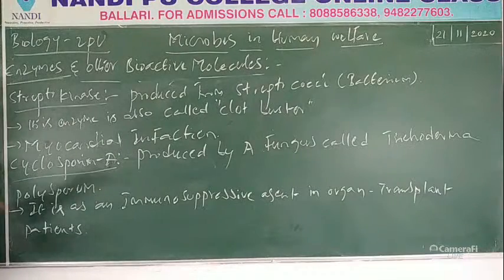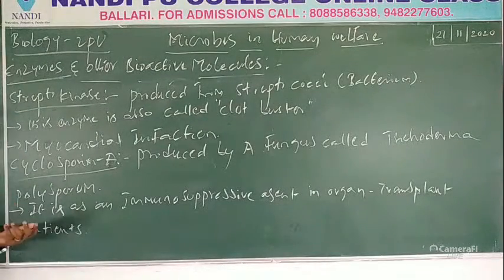See, for example, you may have heard about kidney failures and liver failures in patients. In such cases, children, they need a new kidney. What happens when the kidney is transplanted? Their body is not adjusted to the new kidney. Obviously, it will cause some immunological responses.